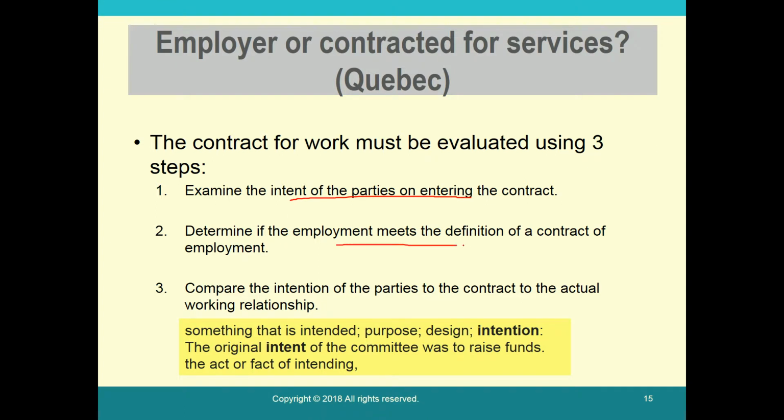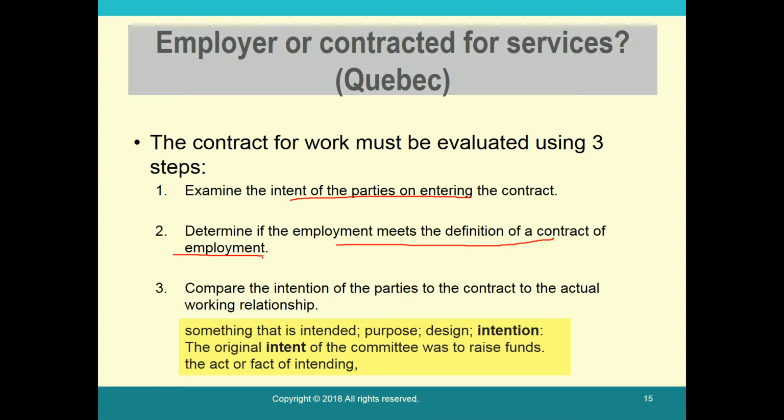Determine if the employment meets the definition of a contract of employment. A contract of employment should have certain consideration in it, and that should meet the definition of a contract. Compare the intention of the parties to the contract to the actual working relationship.